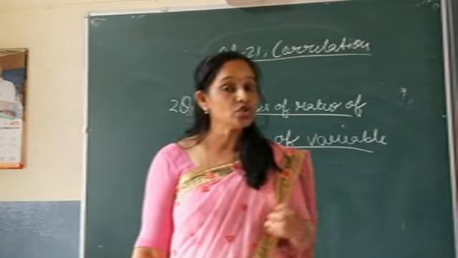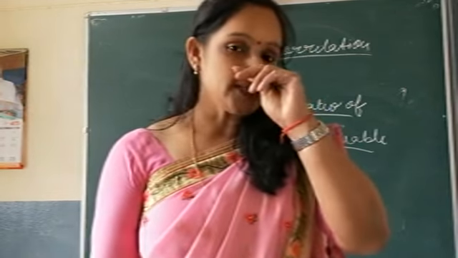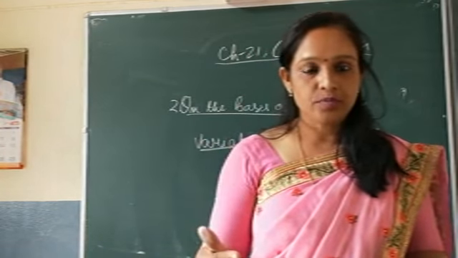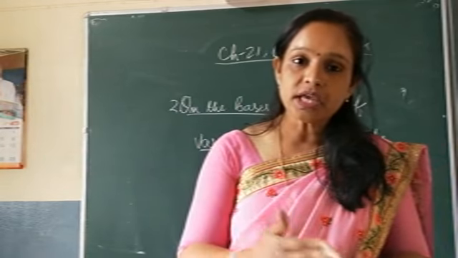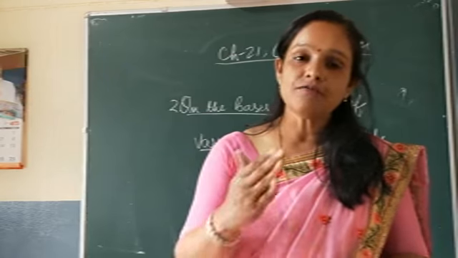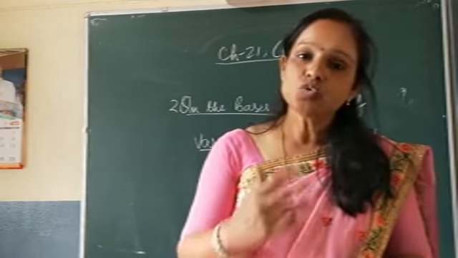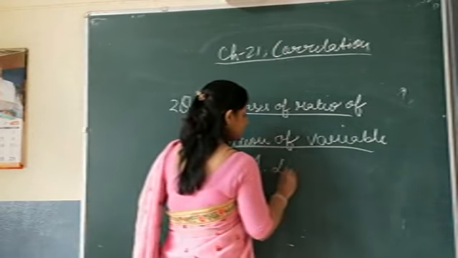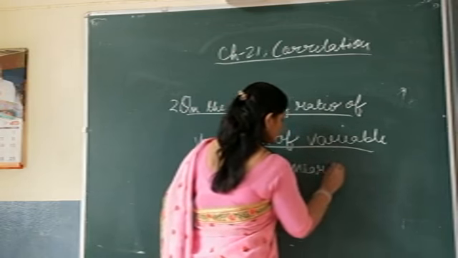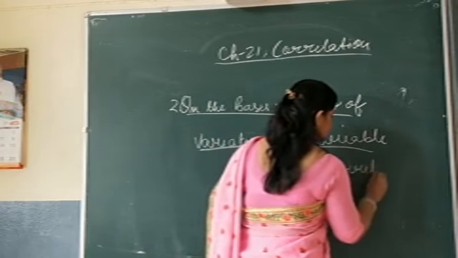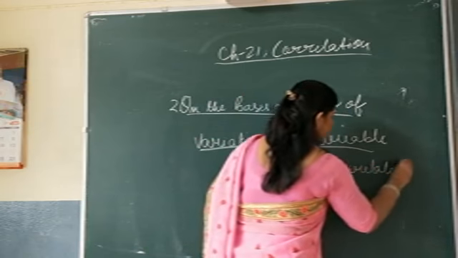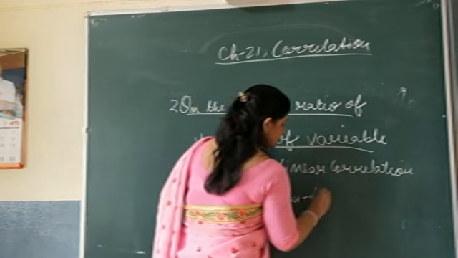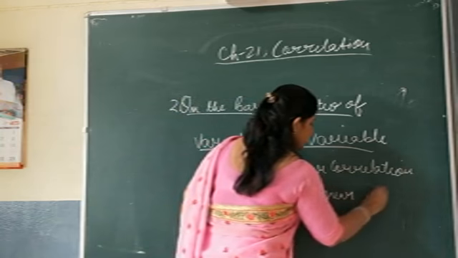Ratio of variation of variable. Is it clear? It means at what percentage the two variables are changing. On the basis of the percentage of variation of variable, we determine two types of correlation: first is linear correlation and second is non-linear correlation.